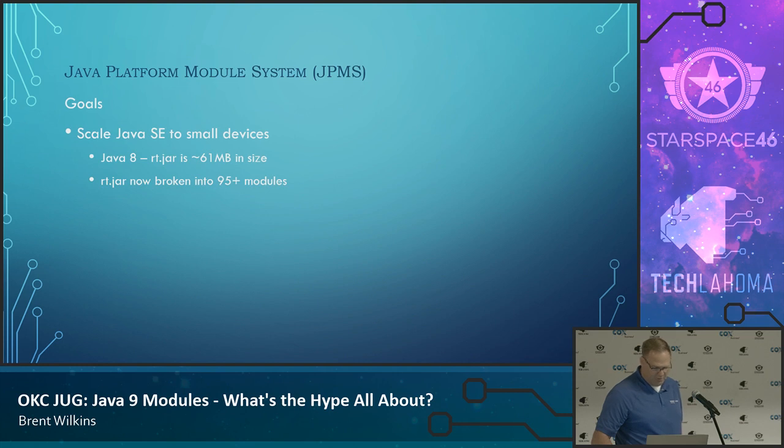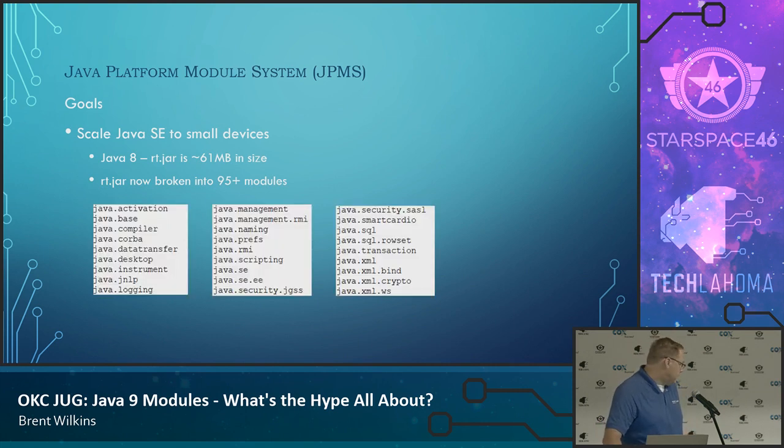So much smaller. The base module, java.base, is about 15 megabytes. And that's required by all modules, and we'll see that in a minute, that's a mandated dependency of all modules. So at a minimum, you have to have about 15 meg.